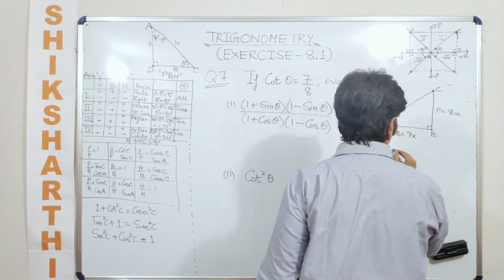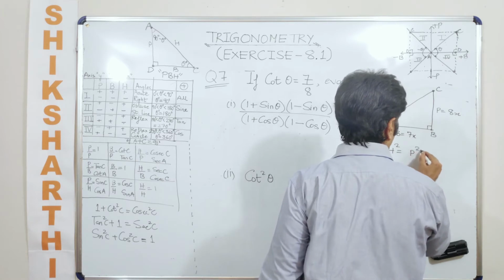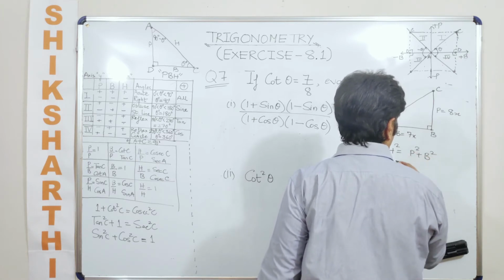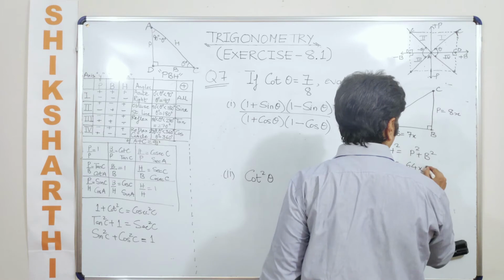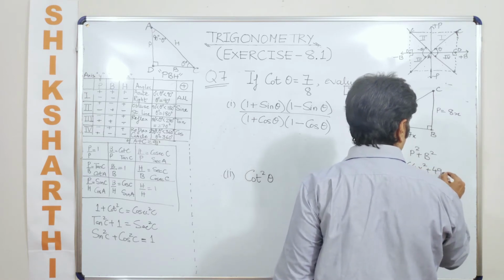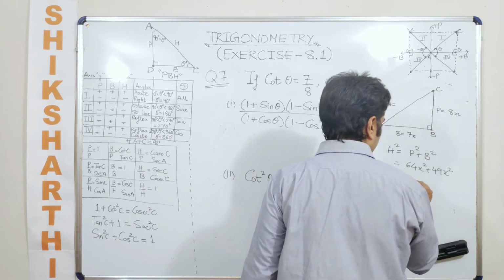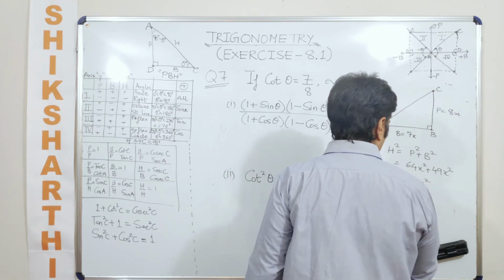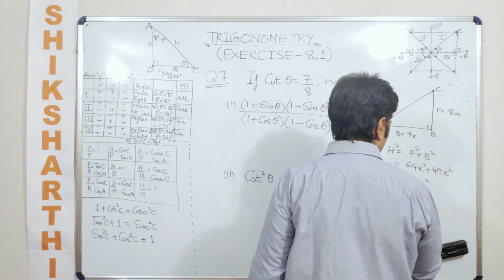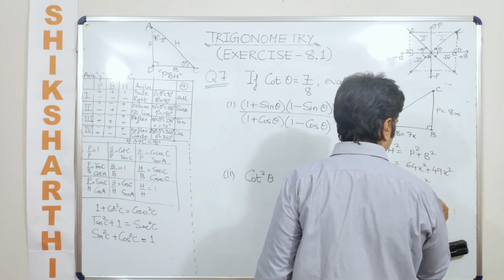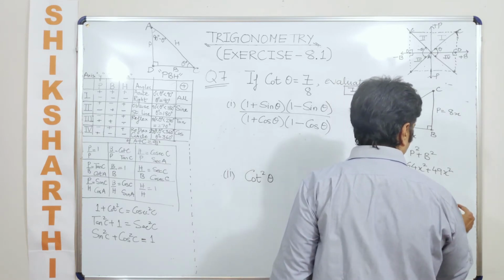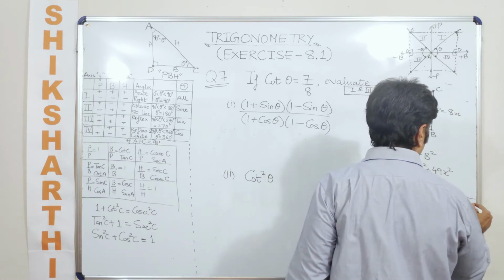So hypotenuse square will be nothing but p square plus b square, which is just like saying 64x square plus 49x square, which comes out to be how much? 113x square. So h will be plus x root 113 or minus x root 113.